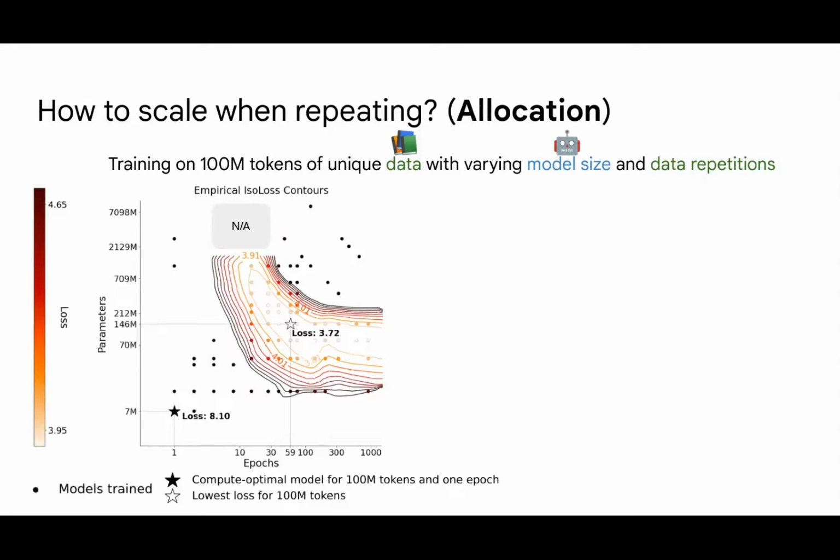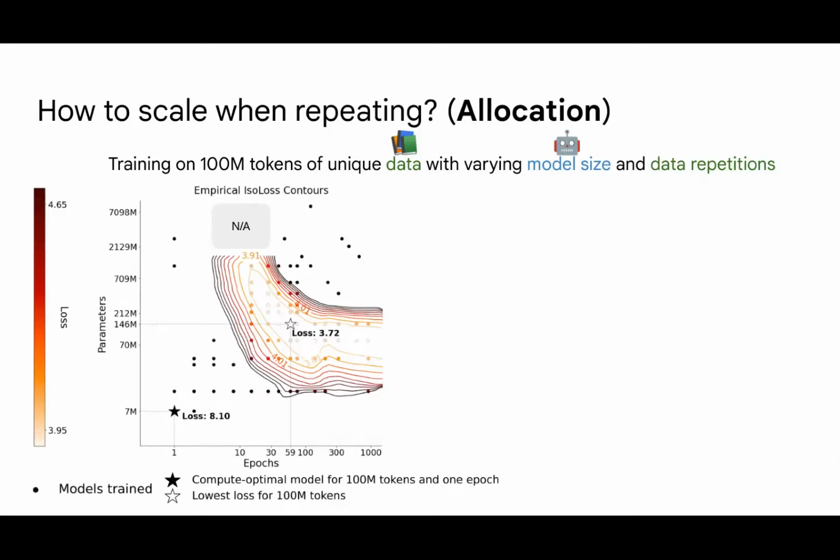If we look at this graph, the black star represents the Chinchilla optimal model trained with 7 million parameters for one epoch on fully unique data. Each of the other points represents a different model trained with the same number of unique tokens, but for a different number of epochs and different number of parameters. The color of each data point represents its final loss.